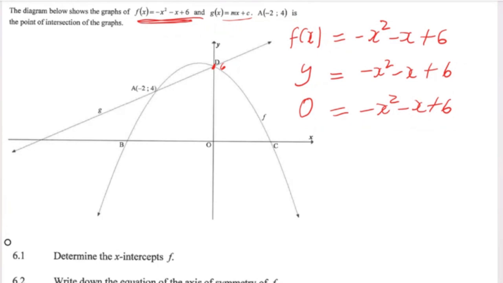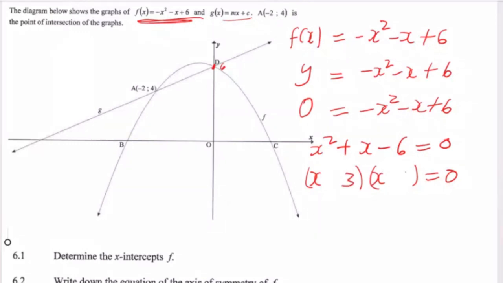So here we can say this is x squared plus x minus 6 is equal to 0. This is a quadratic equation that we can factorize. So we are looking for factors of 6 that, when we subtract them, give 1. That is 3 and 2: 3 multiplied by 2 is 6, and 3 minus 2 is 1. So this is going to be x and x, with 3 and 2, one plus and one minus.